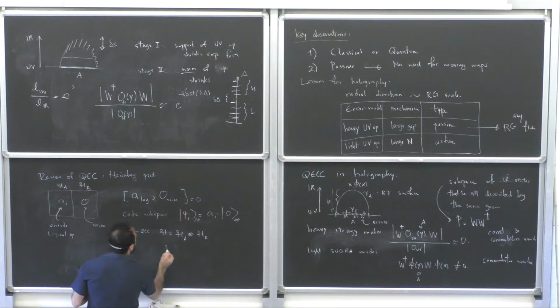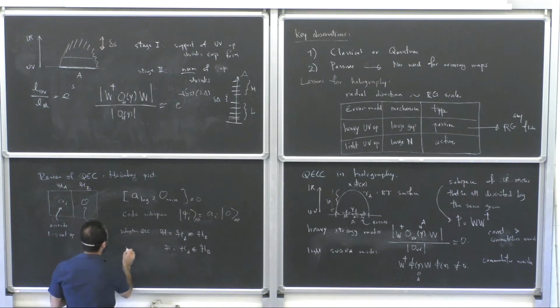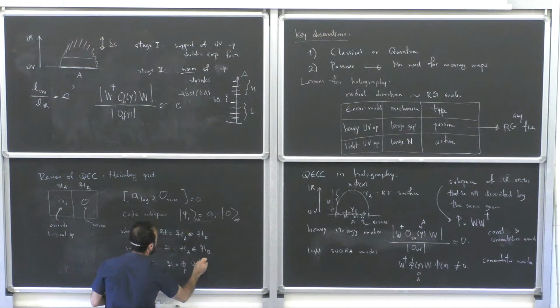The second example is when H is H_A direct sum H_B. This is called subspace quantum error correction. And the most general case is mixed quantum error correction. In finite quantum systems, there's no other way of realizing this divide. That is when you have a bunch of sectors, so a direct sum over tensor products.